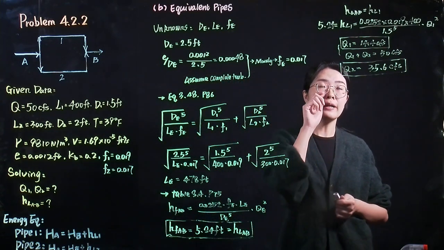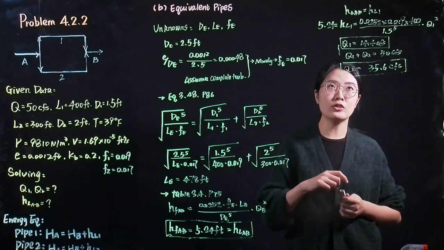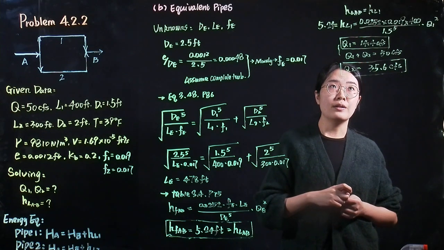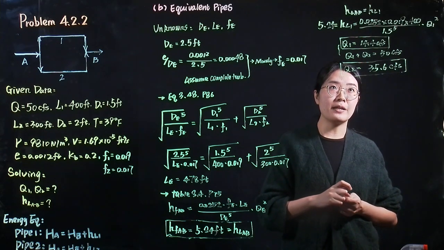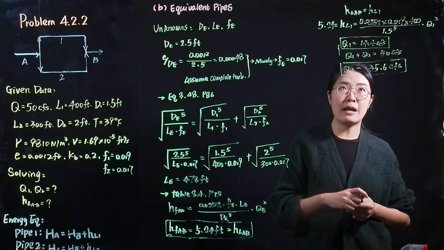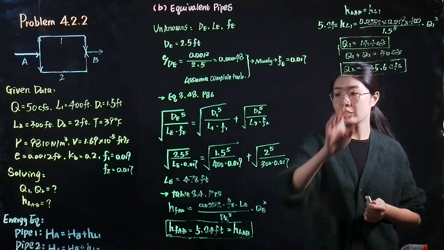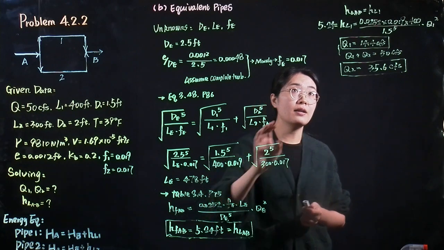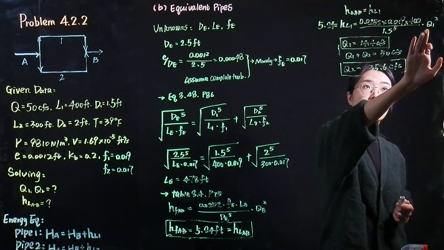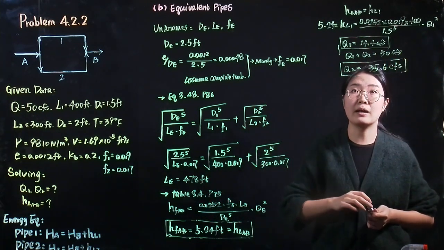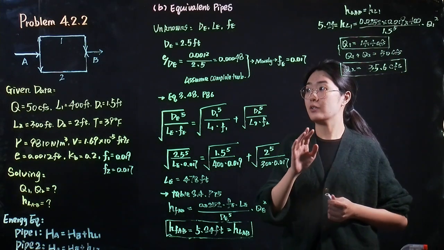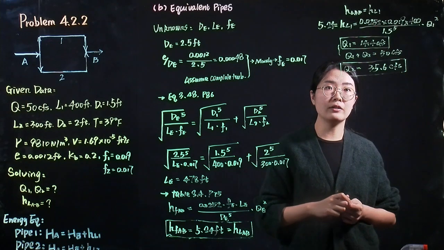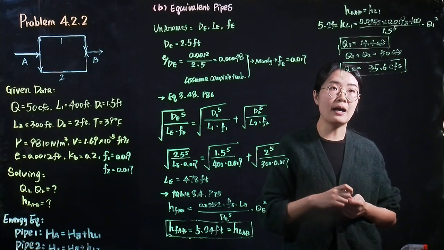Because the head loss from A to B equals the loss in pipeline 1, the next step is to bring the values of the parameters in pipeline 1 to the equation on page 75. Then we can calculate the value of flow rate in pipeline 1. And because the total discharge is given, we can get the value of flow rate in pipe 2.